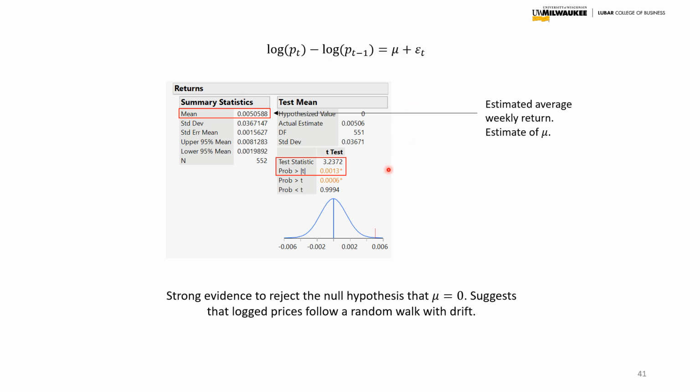The question is, is that value significantly different than 0? I'm testing, as you can see here, with the test mean output against 0, and we find the two-sided p-value to be 0.0013, which is small, and we would reject the null hypothesis of mu equaling 0, which suggests the log prices follow a random walk with drift.